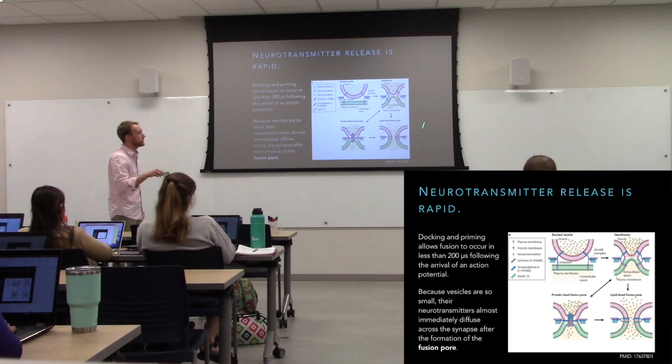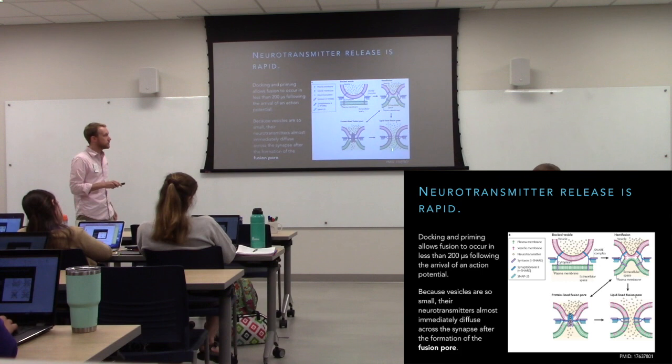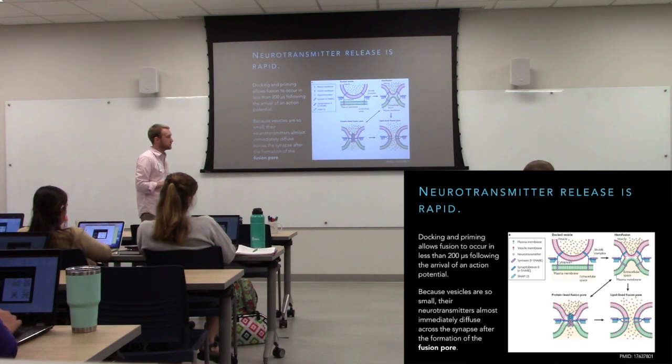But most certainly, when we fuse our membranes, we create a hole that's now continuous with the extracellular fluid. So when our membranes fuse, the neurotransmitter is going to exit that fusion pore, which is what this is, and diffuse out into the synaptic cleft. This is going to be a very quick event.